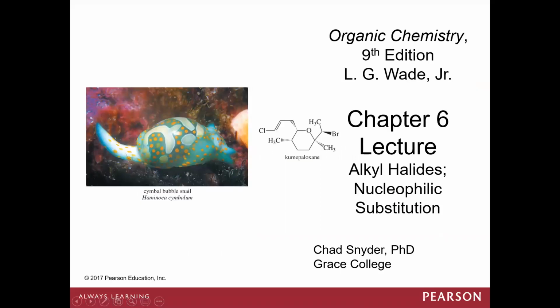In the opening slide here, we have an example of a naturally occurring organic halide. This contains both a chlorine and a bromine, and this is found in a type of snail.